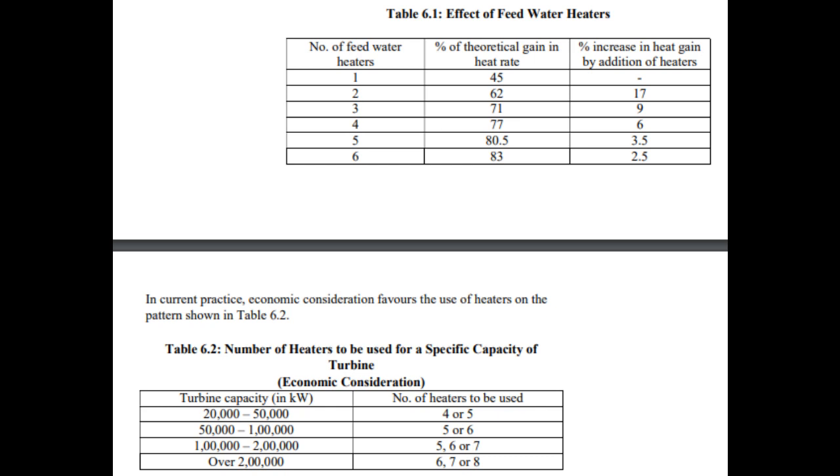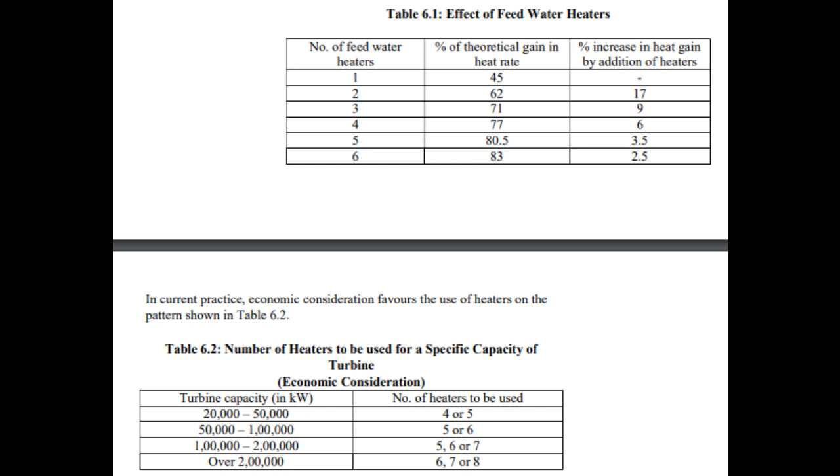These are: pressure drop in the bleeder pipes, heater terminal temperature difference, that is, the difference between the saturation temperature corresponding to the steam pressure within the heater and the temperature of feed water leaving the heater, flashing of heater drains to lower pressure, unequal feed water temperature rises across successive heaters, evaporation of makeup, subcooling of condensate in the condenser hot well, and extra pumping power required, etc.